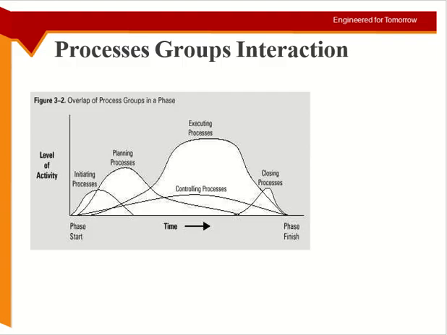You can see it starts somewhere near the start of the project and goes till the end, but the level of activity is very low. Somebody raised the point that the controlling process is the longest one.